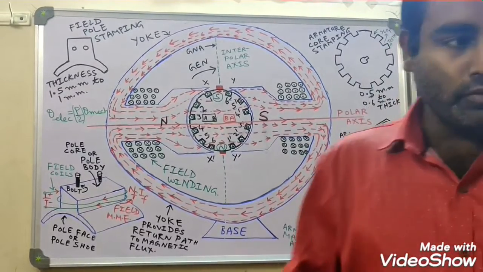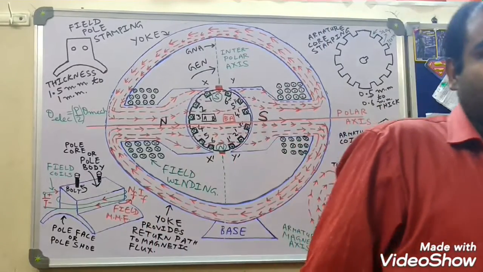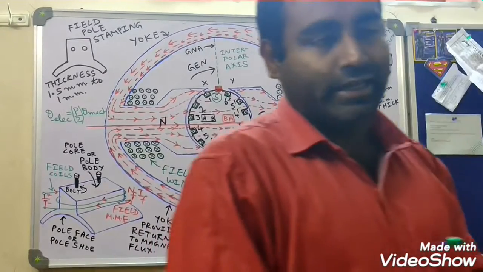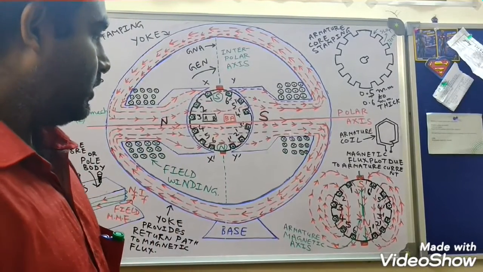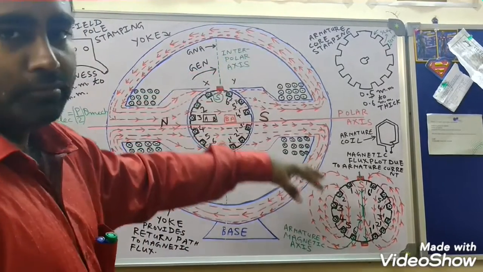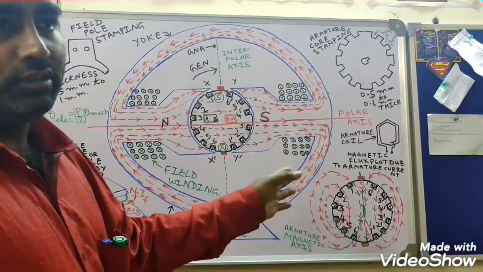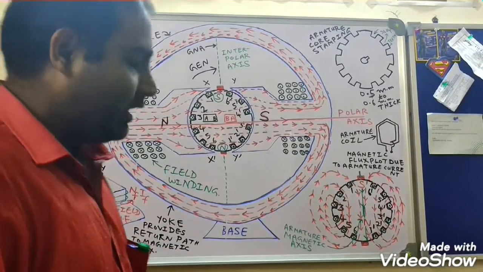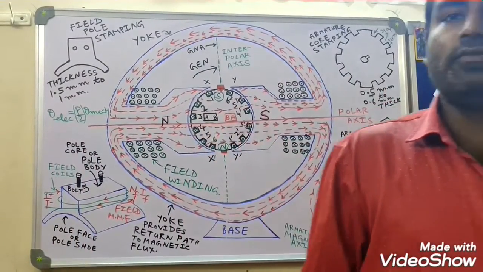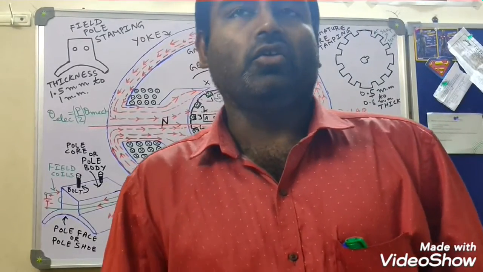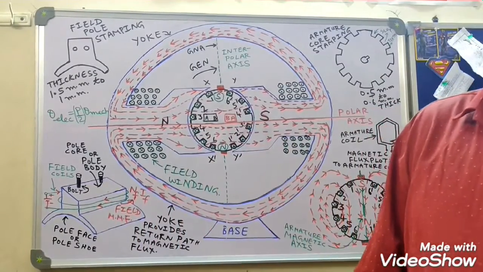Now, before we embark upon the process, let me tell you a few things related to this diagram. Then I will move over to the develop view. Whenever we are asked to plot the space distribution of MMF of a winding, we should take the develop view.